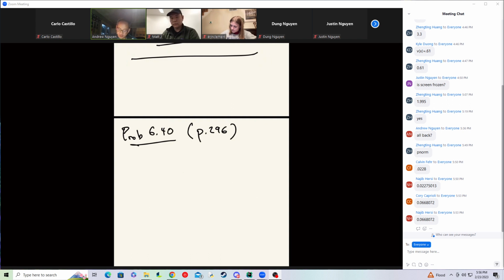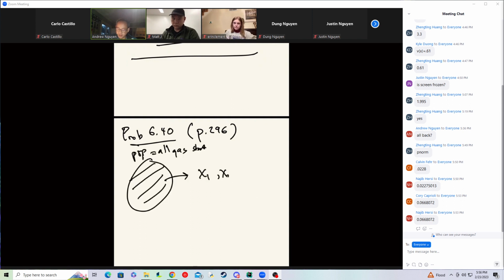So let's say, here's my population. This population consists of all gas stations, right? And from here, I pull 100 gas stations and look at their price in April 2007. Is that okay, guys? You see the setup?